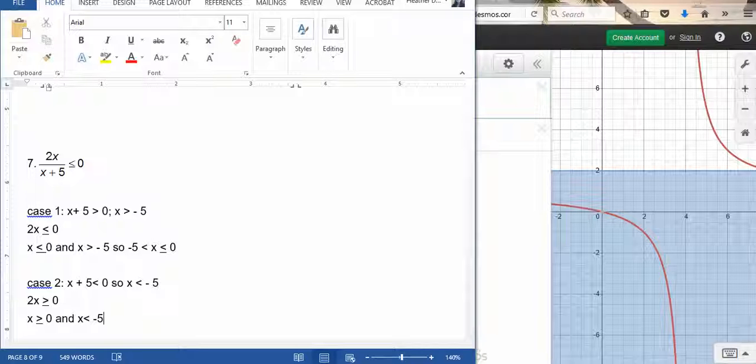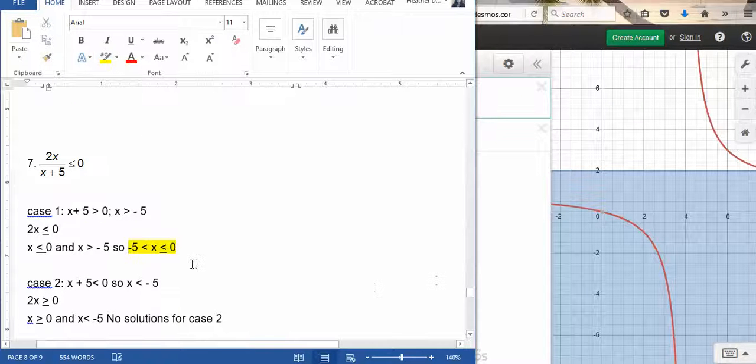Are there any numbers that are less than negative 5, like negative 6, negative 7, negative 8, and also greater than 0? No. There's no solutions for case 2. It's not possible when the denominator is negative. So that means the only answer is the case 1 answer, and this happens on a couple of these problems, which is when x is between 0 and negative 5.